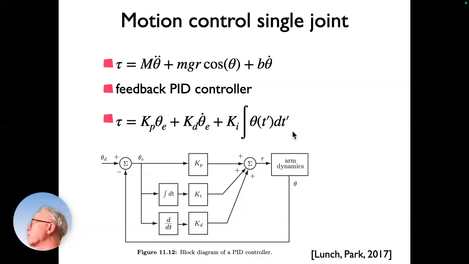And then the integral term is very tricky. That's the dangerous one. The PD controller is actually the safe thing that you can use all the time. I'll say a little bit about the integral controller. The integral controller says that if your theta is persistently off, then I'm going to counteract that to make the error persistently go away.